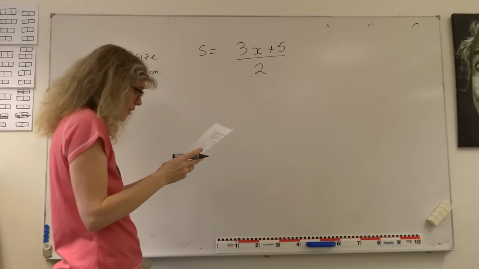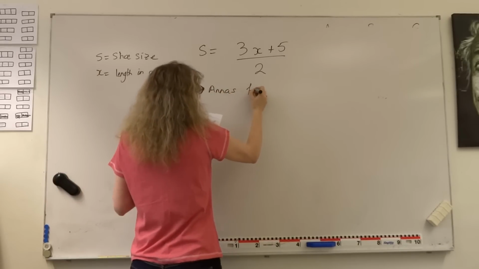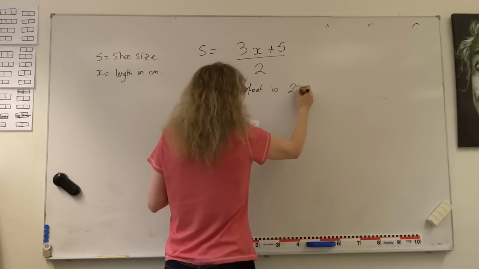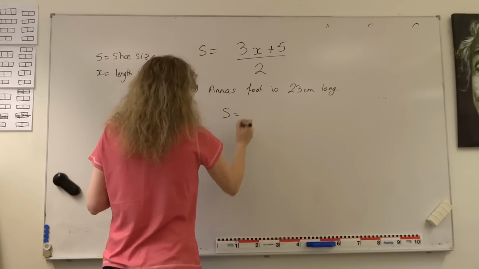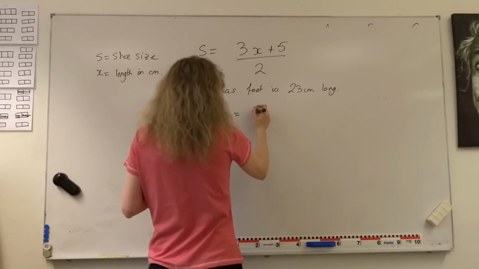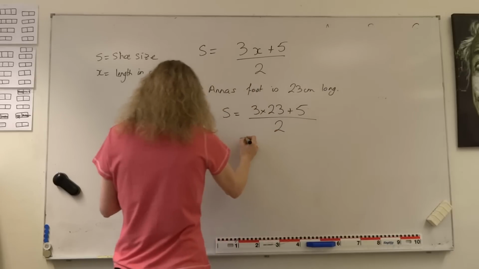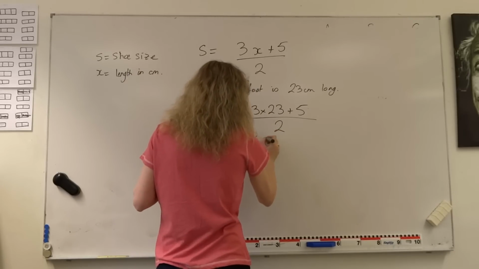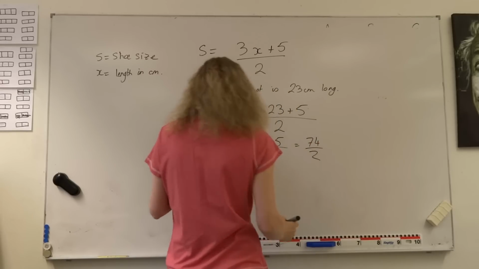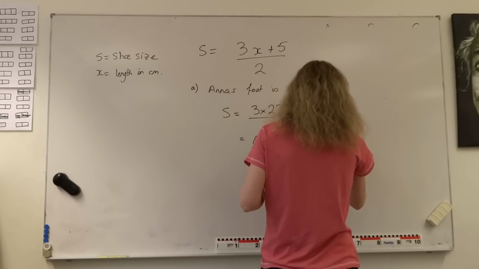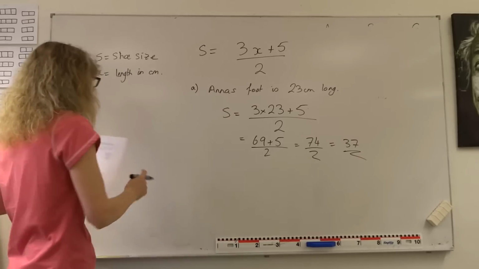First time around, they tell you that Anna's foot is 23 centimeters long. So they want to know what size of pied she's going to have. Well, she's going to have 3 times 23 plus 5 divided by 2, which will be 69 plus 5 divided by 2 is 74 divided by 2, which is 37. So Anna is going to have size 37 is the first answer there.